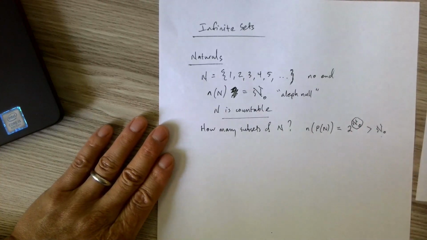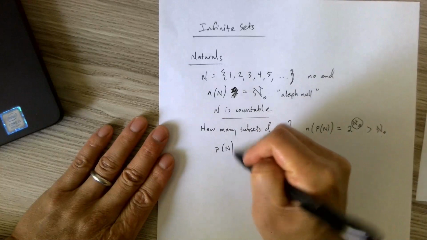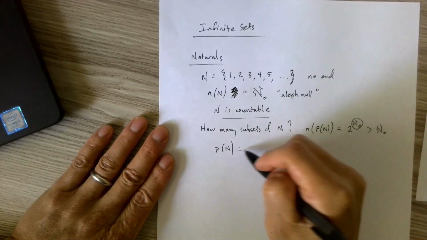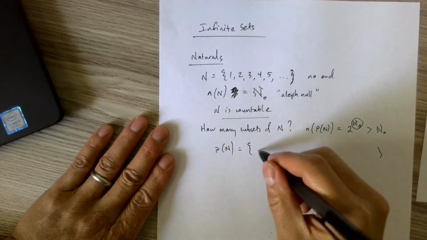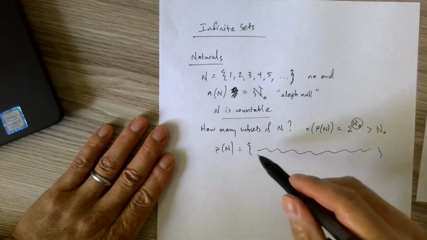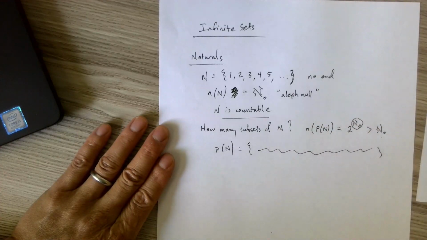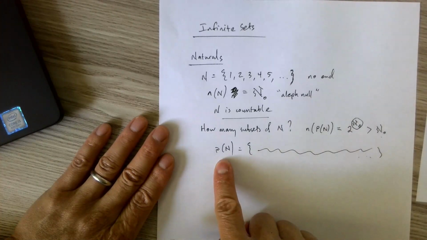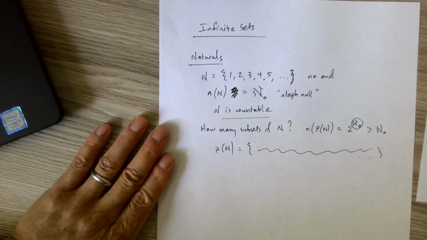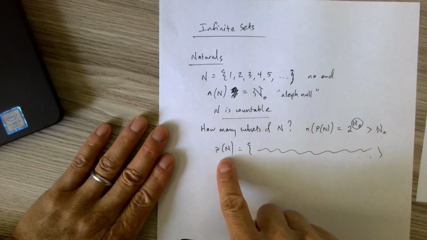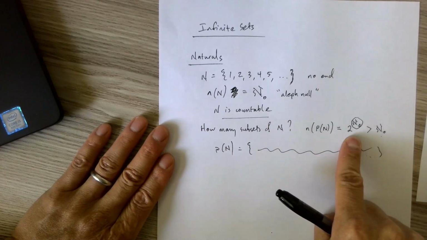Now let's say we have the power set of N. I don't know what's inside the power set of N, but there are a bunch of sets in the power set of N, and it's infinite. How many subsets are there of this set, the power set of N? Well, first, the cardinality of this is 2 to the Aleph null.